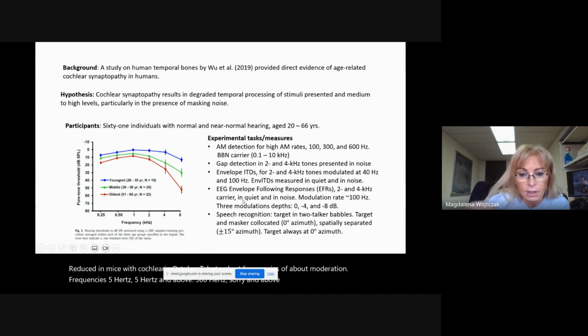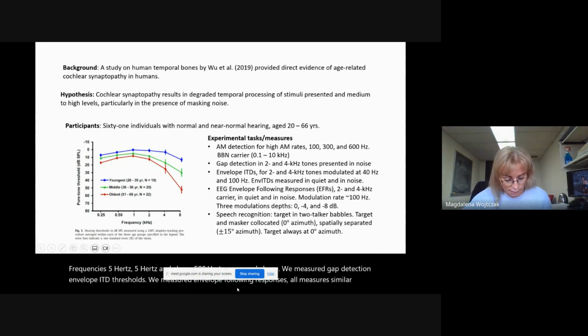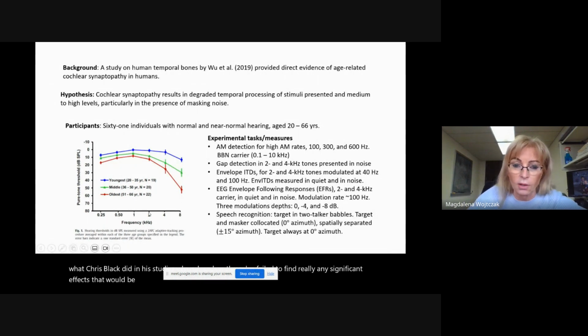We measured gap detection, envelope ITD thresholds, and envelope following responses, all measures similar to what Chris Plack did in his studies, when they also failed to find any significant effects consistent with cochlear synaptopathy.